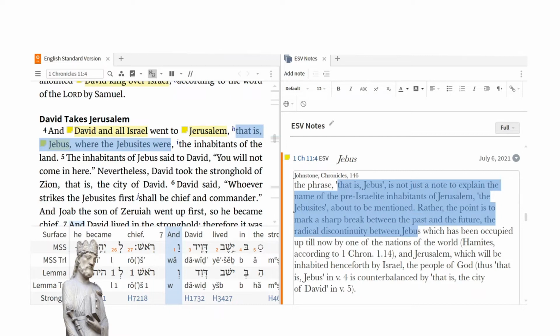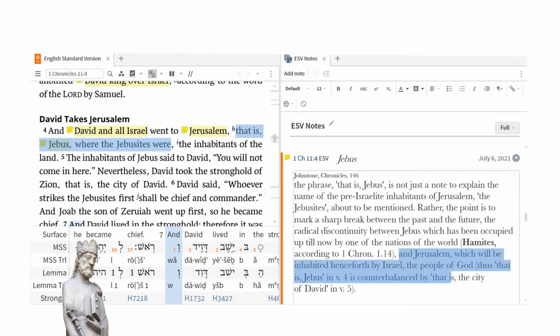The radical discontinuity between Jebus, which has been occupied up till now by one of the nations of the world, the Hamites, according to 1 Chronicles 1:14, and we may want to take note of that, and Jerusalem, which will be inhabited henceforth by Israel, the people of God. Thus, "that is Jebus" in verse 4 is counterbalanced by "that is the city of David" in verse 5.